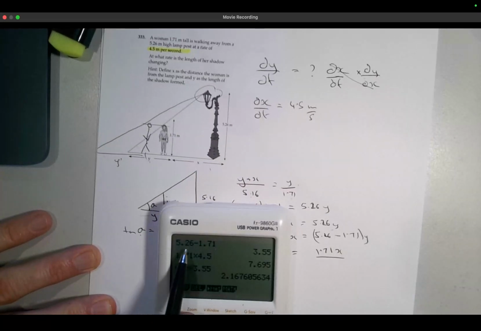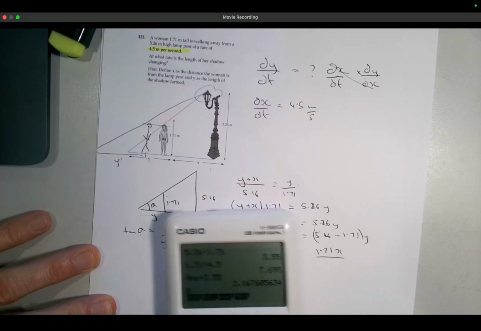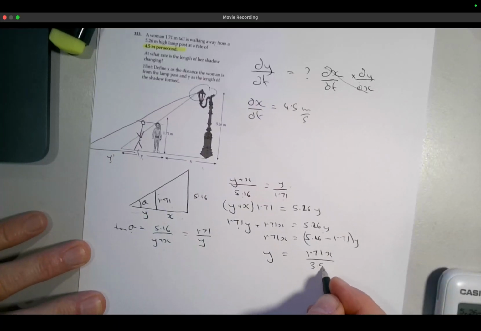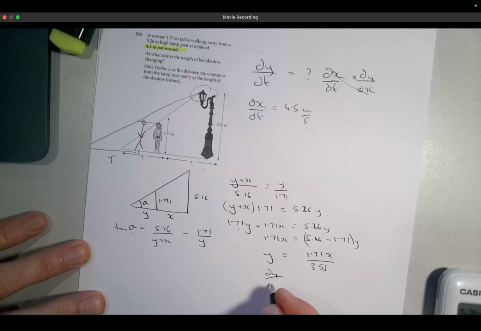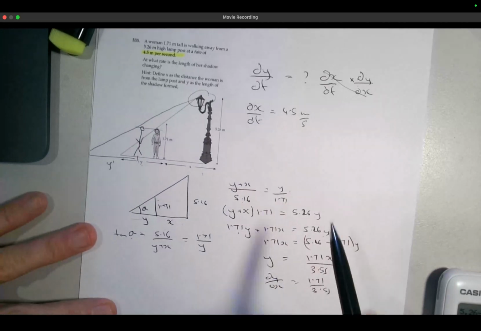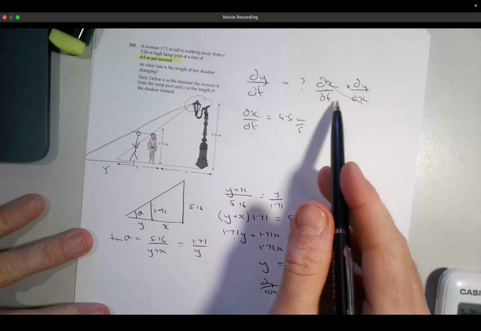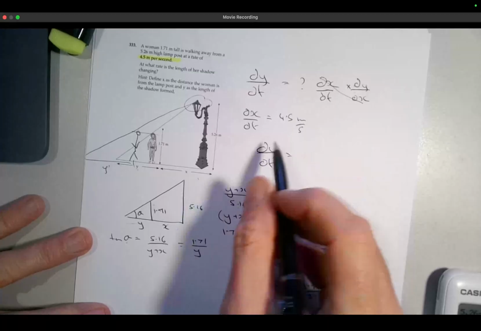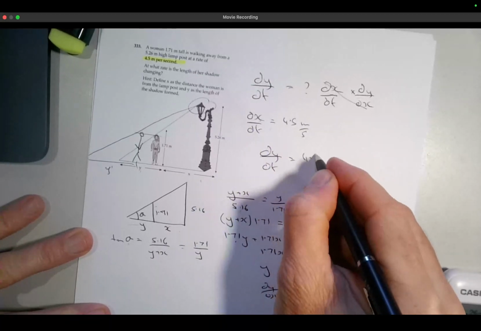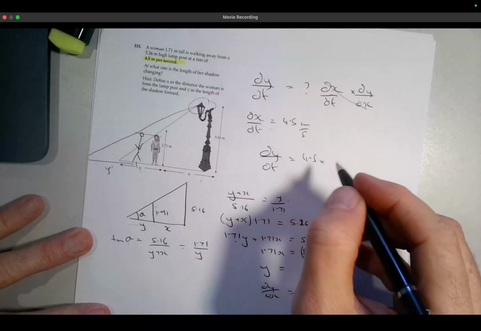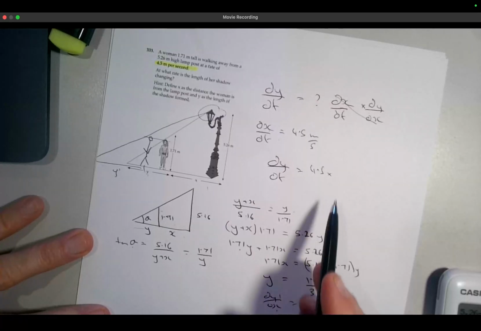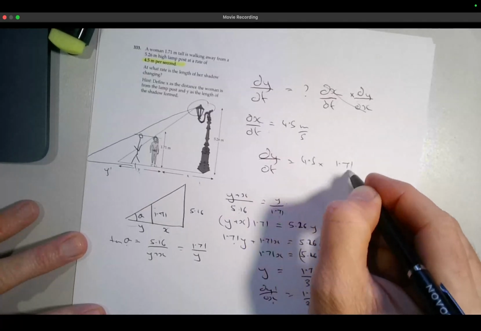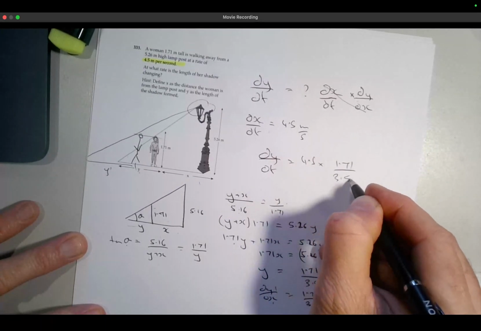On my calculator, 5.26 minus 1.71 is 3.55. So dy by dx is 1.71 over 3.55, and that goes up to here. So dy by dt is 4.5 times dy by dx, 1.71 over 3.55.